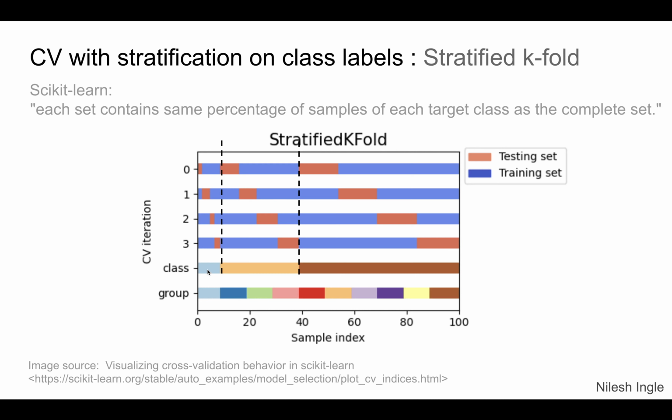So bits of each of the classes are chosen for each iteration. As we saw before, in some cases, one of the classes was not present in the test set, but in this case, all the classes are present in both the train and test set. And not only that, the proportion is also maintained, and it's more or less the same in both cases. So let's say if you have 10% of class 0 in the train set, then the test set would also have 10% of class 0.